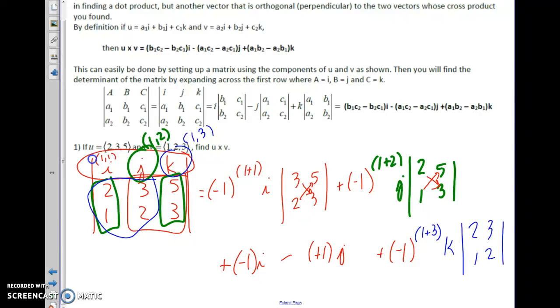And then we have a -1 to the 4th, or a positive k, 4 minus 1, a positive 1. I have the vector -i, -j, positive k as the direction vector for the cross product of these two vectors that we started with.